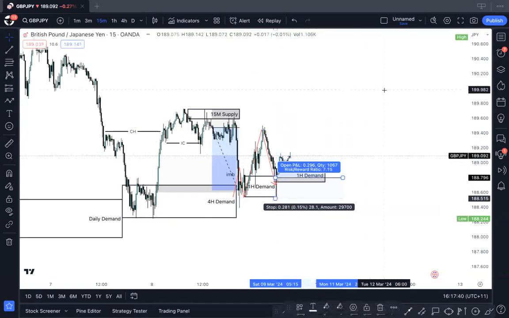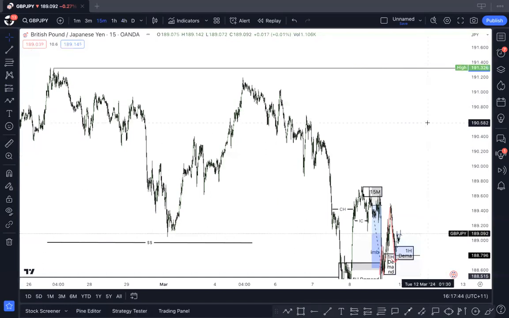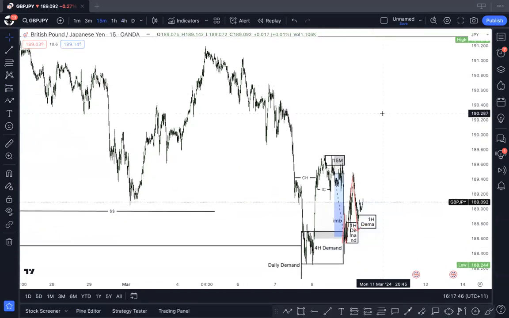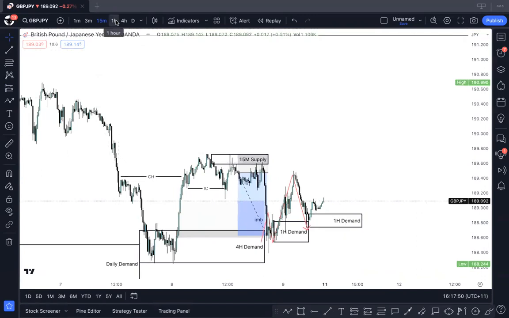This is my ideal setup, and then you aim for probably up here for a nice 1 to 8, 1 to 9 trade. So for higher risk reward, I'll use the 3-minute continuation for continuation trades. Does that make sense?